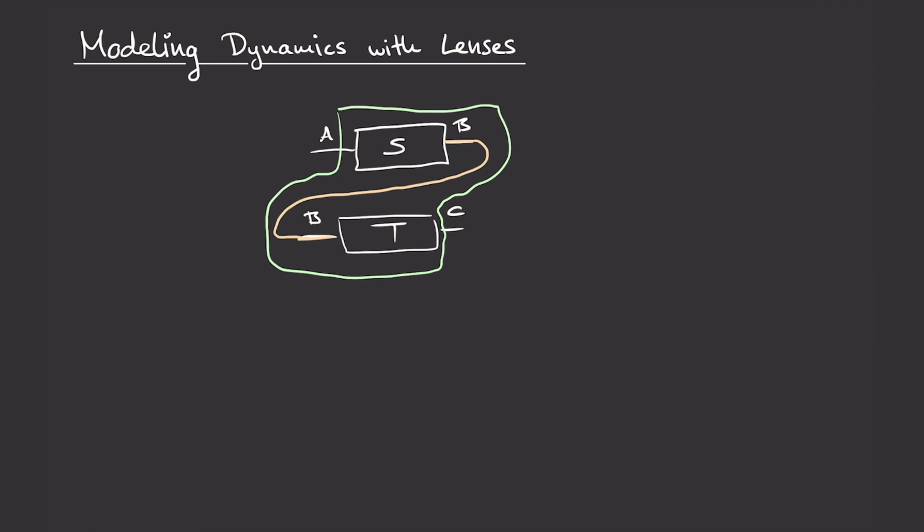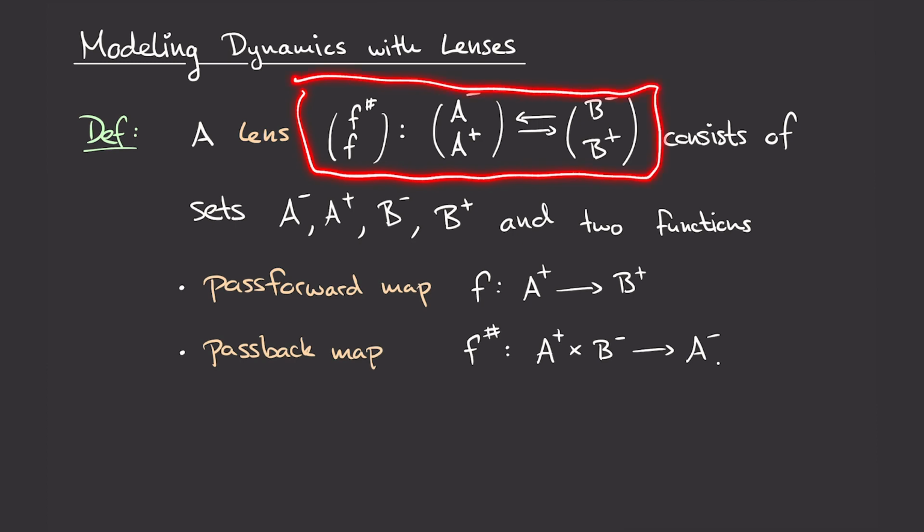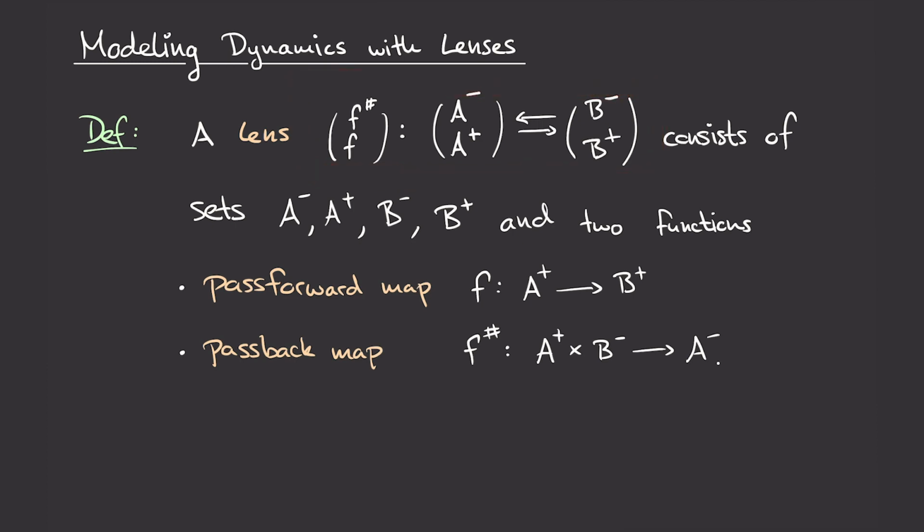With that out of the way, it's probably time we discussed what a lens is. A lens, the notation for which is this entire thing. So this lens is called (f#, f), and it goes between the pair of sets A minus, A plus and the pair of sets B minus, B plus.